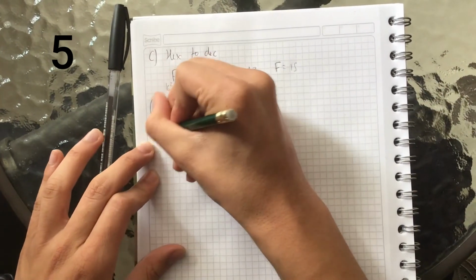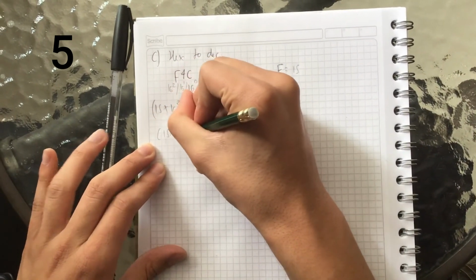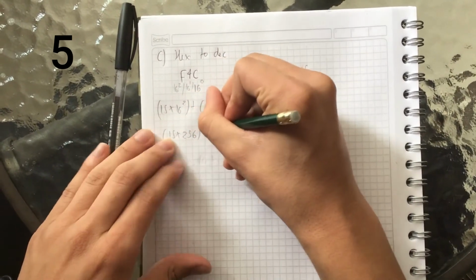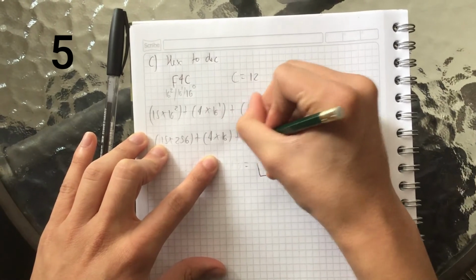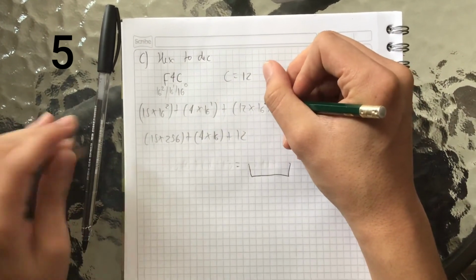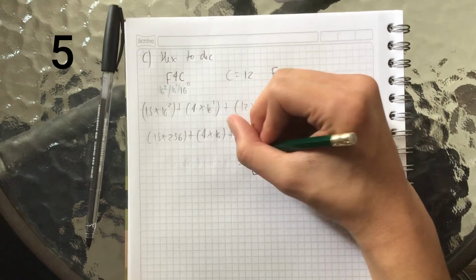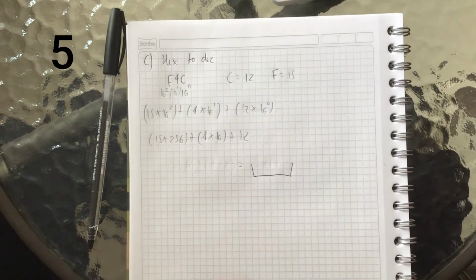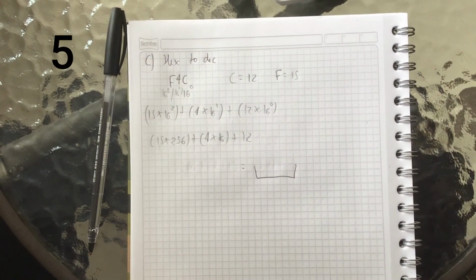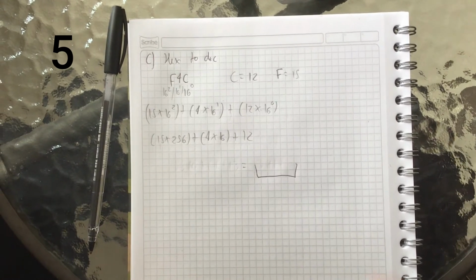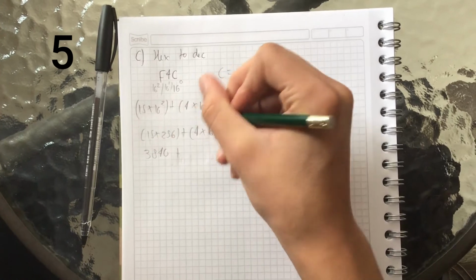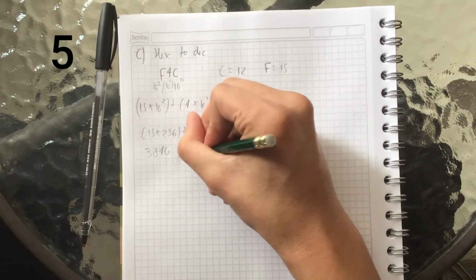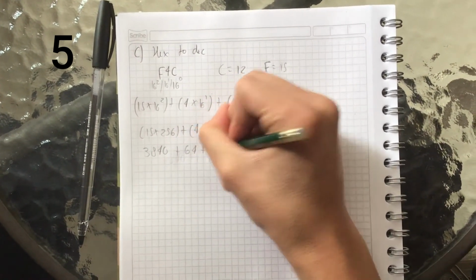Then this would be 15 times 256 plus 4 times 16 plus 12, as 16 to the 0th power is 1, 12 times 1 equals 12. Then the result of 15 times 256 would give us 3840 plus 16 times 4 equals 64 plus 12.